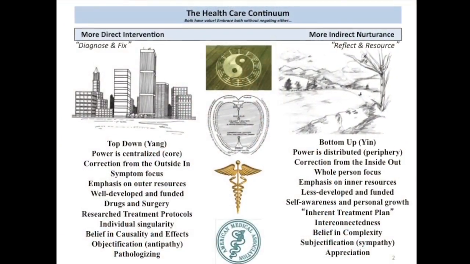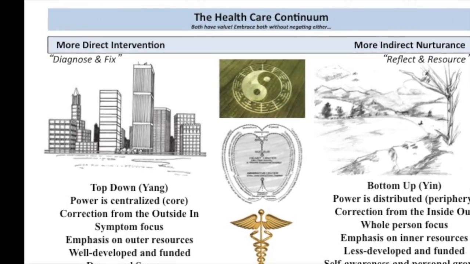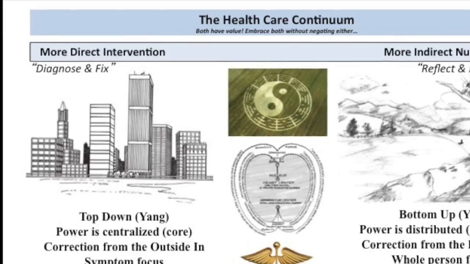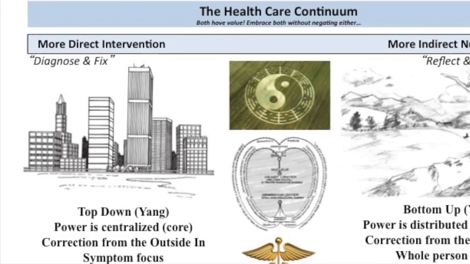And we could talk about this in a more expansive way, that all healthcare has direct versus indirect. There's a spectrum in the entirety of healthcare. In this slide, you can see on the left the whole list of the attributes of the direct method.